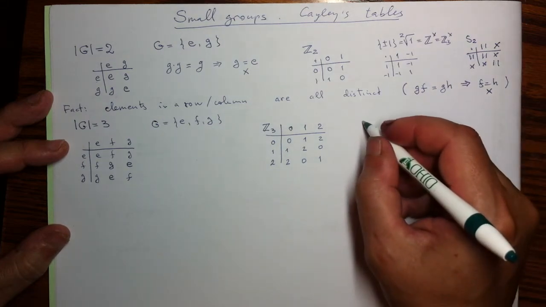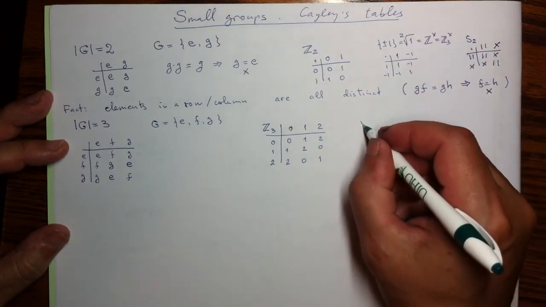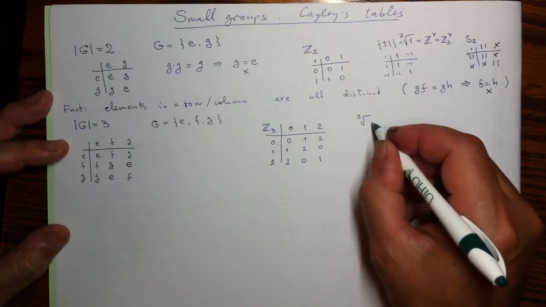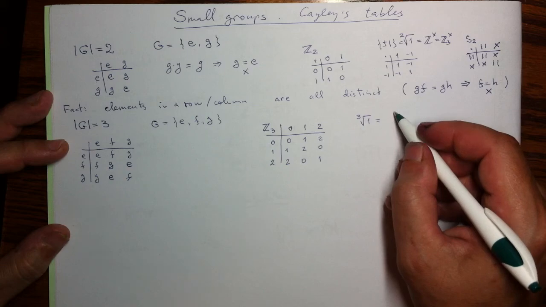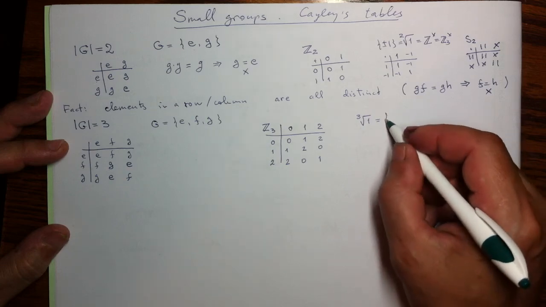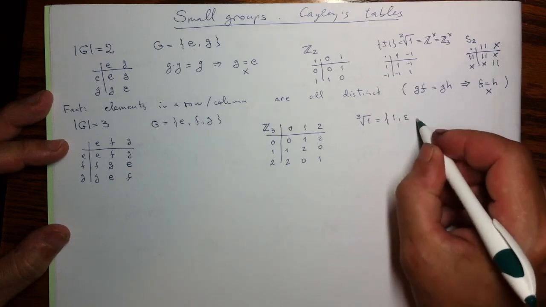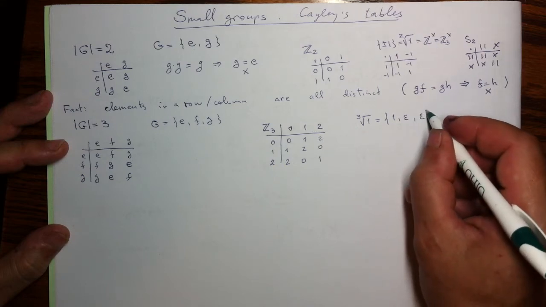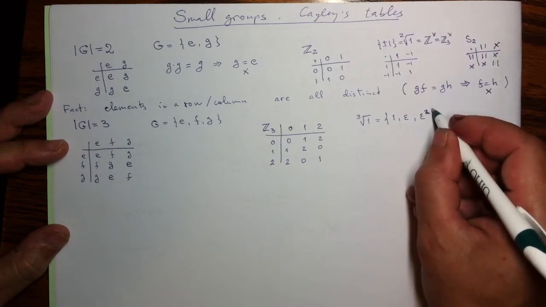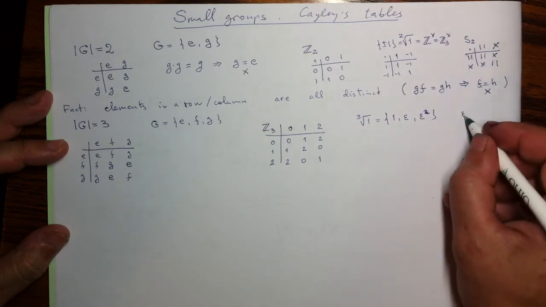So the second example we could put here is cubic roots of 1 in complex numbers, and we have 3 of them. So let's call the first the primitive epsilon, and then we have epsilon squared, which is also primitive.